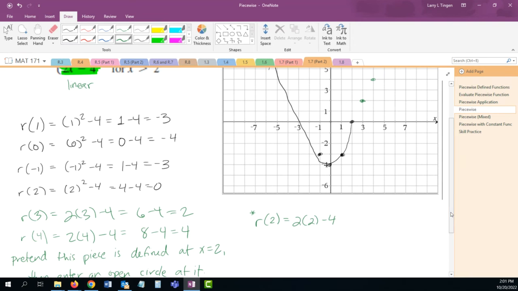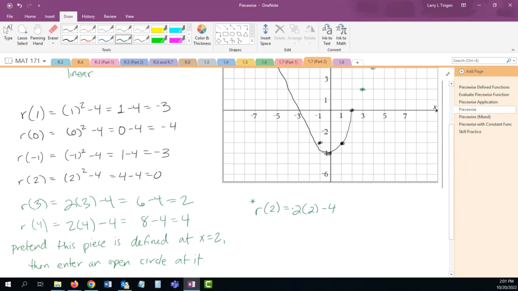Okay, there we go. All right, so this is the pretend. 2 times 2 is 4. 4 minus 4 is 0. So when x is 2, y is 0, and this gets an open circle. All right, so at 2, 0, I have an open circle.